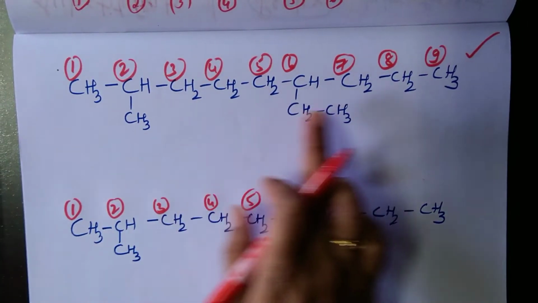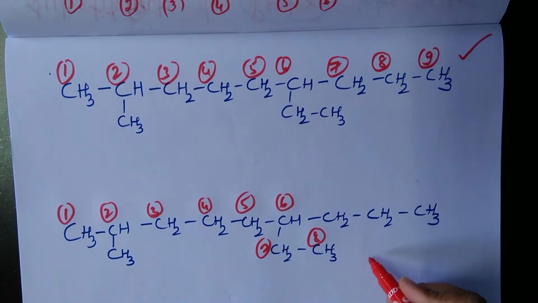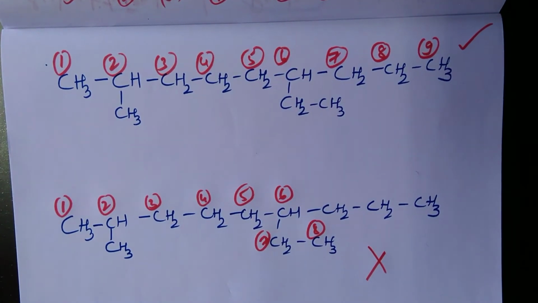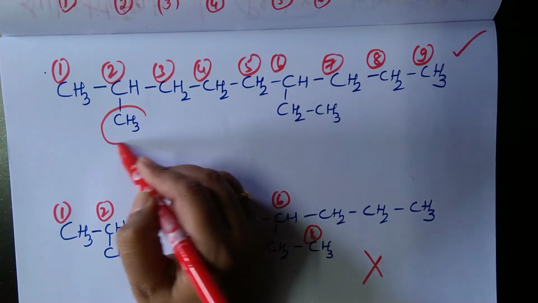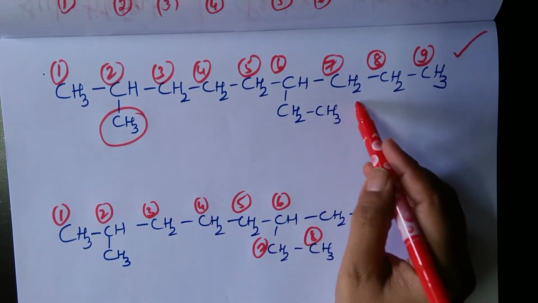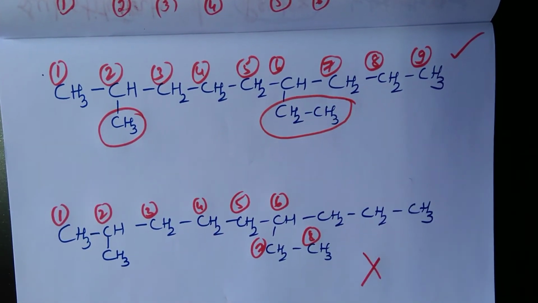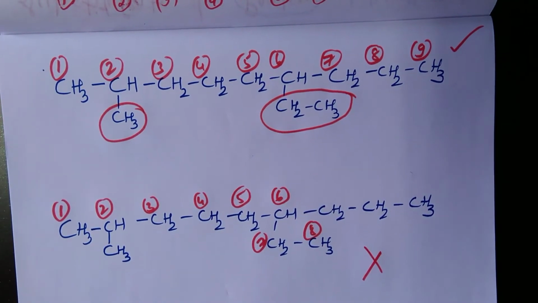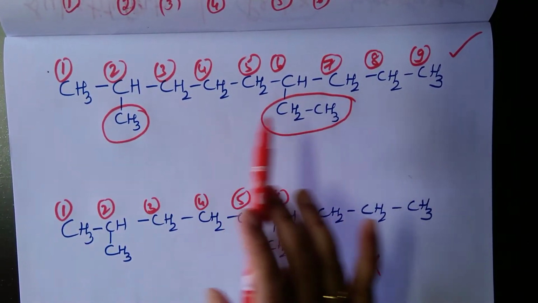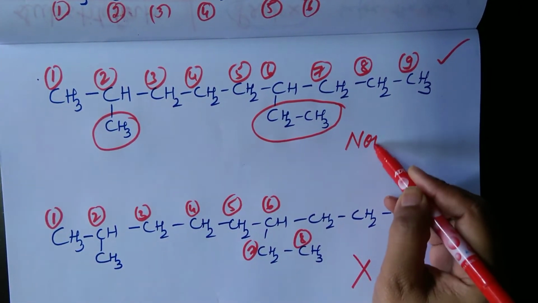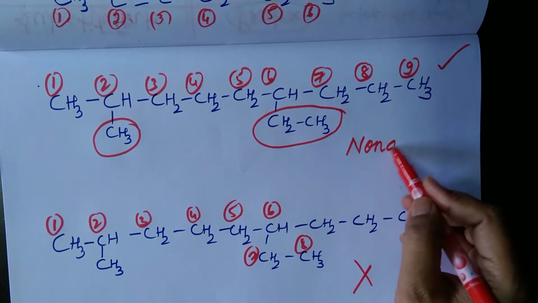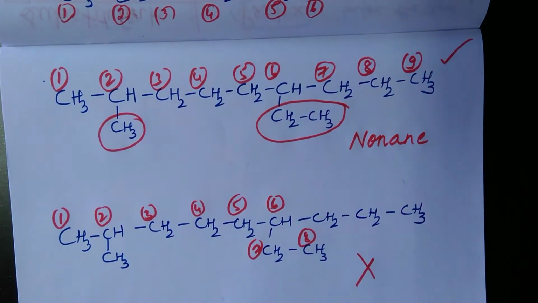Once the longest carbon chain is selected, you have to find out the branchings, which I call substituents. So this is our substituent number 1 and this is our substituent number 2. Now you will find the root word. 9 means non, single bond ane, nonane.